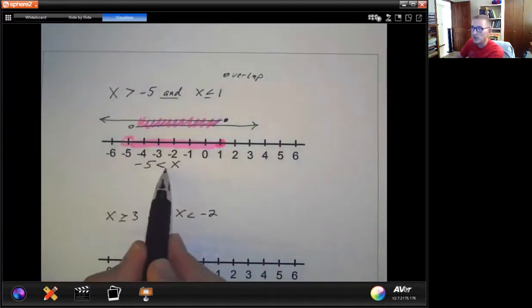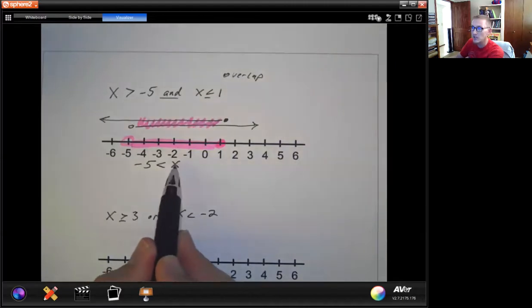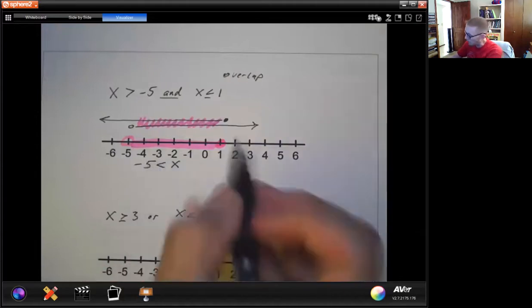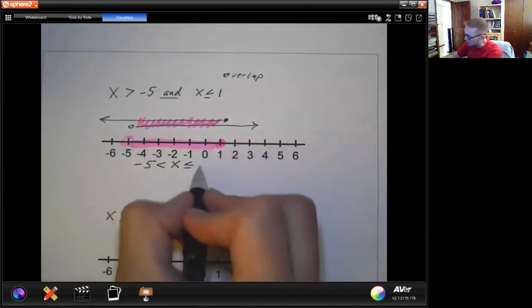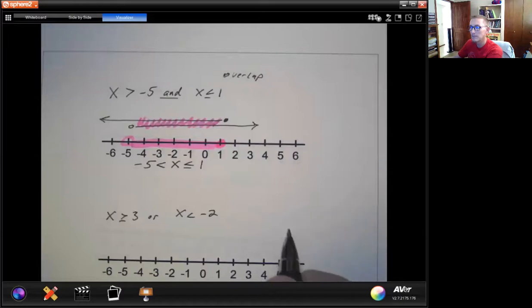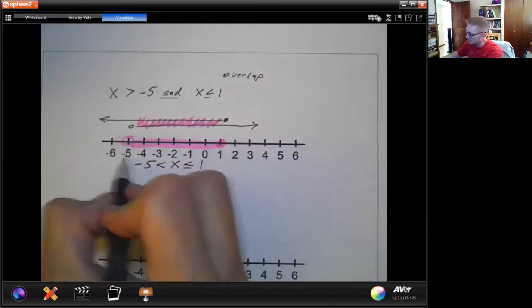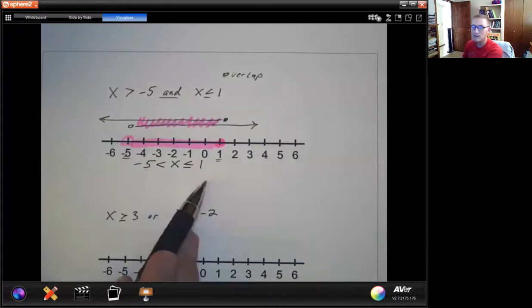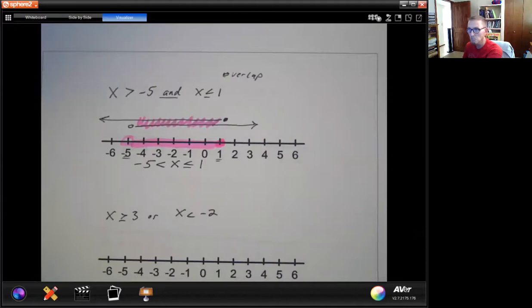And this, even though it's written in the other direction, still says that x is larger than -5. But it's also less than or equal to 1. And you'll see that the numbers on the number line tell me how to write that inequality that's mashed together.